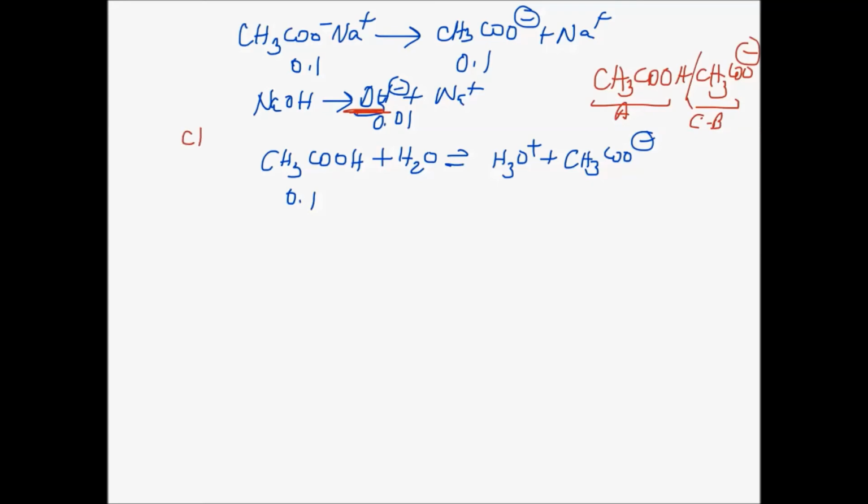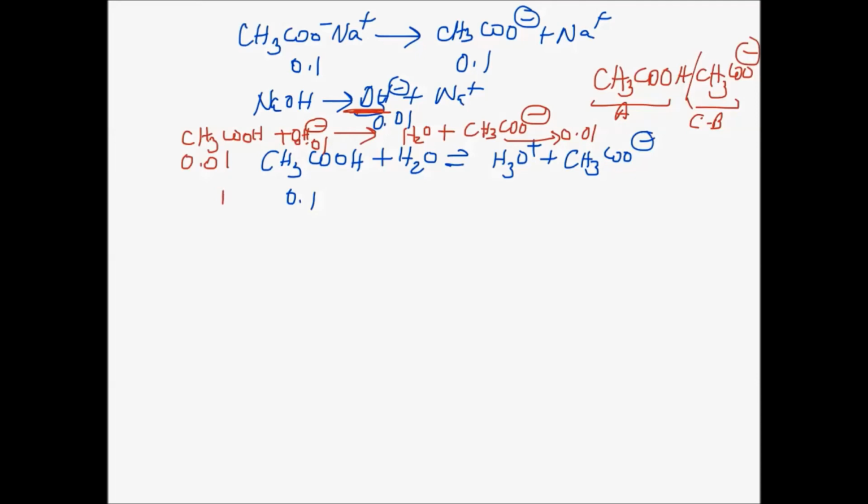So CH3COOH is going to react with the OH negative and give you water and acetate. One might ask, how much acetic acid would react? Realize the stoichiometry is 1 to 1. That means if I have 0.01 moles of the hydroxide, 0.01 moles of acetic acid would have reacted, and 0.01 moles of acetate would have been generated.